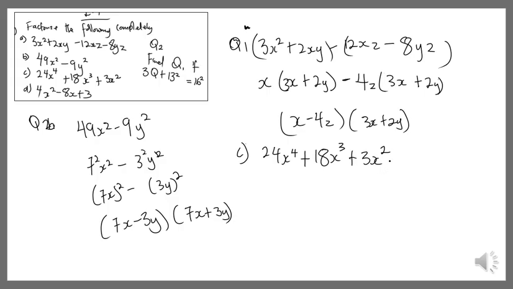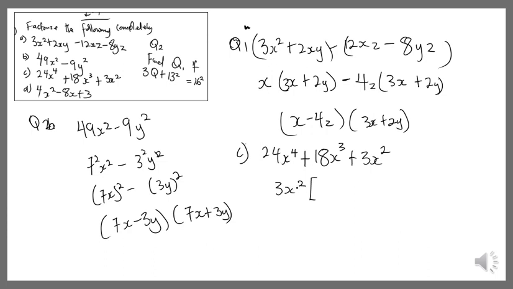So first of all, we are going to use the grouping method first to sort out the x, to reduce it a little bit. You can see that the factor is definitely going to be 3x squared. And then what is going to be left? You divide by 3x squared, 24.